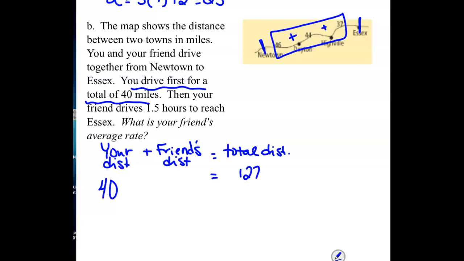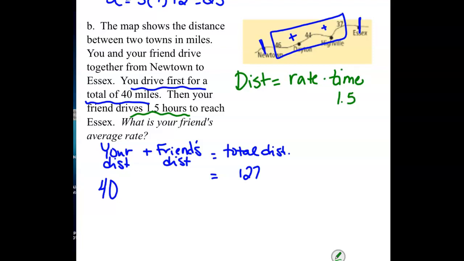Now the trick is, how do we represent the friend's distance? Because all we are told is that the friend drives for an hour and a half and reaches Essex. So they cover all the rest of the miles in an hour and a half. Remember that distance equals rate times time. We know that the friend drives 1.5 hours.